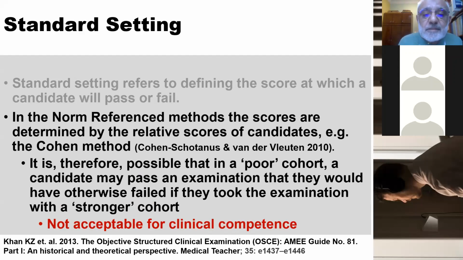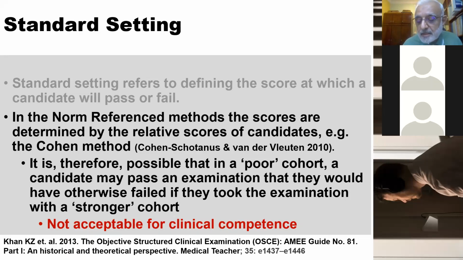The norm reference method, where the scores are compared among the candidates, is not really an acceptable method for clinical examination, because if it is a cohort of so-called poor students, one candidate may pass in this situation, but if it is so-called a strong cohort, then they may not pass.